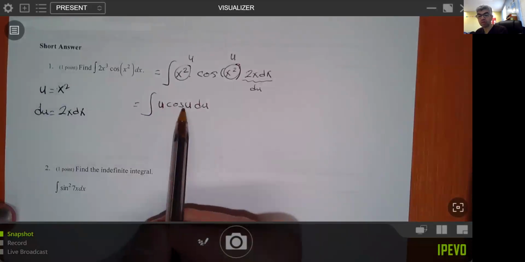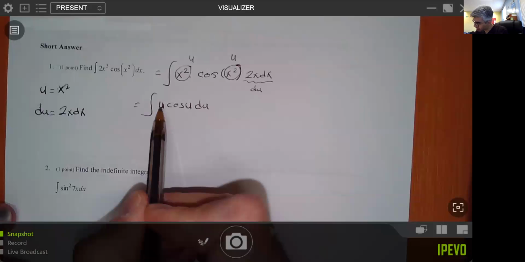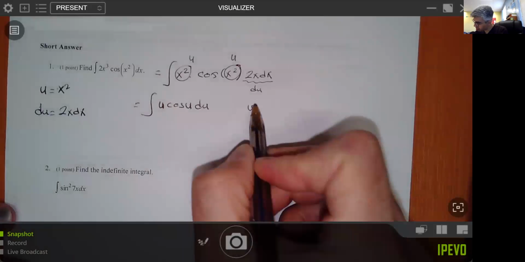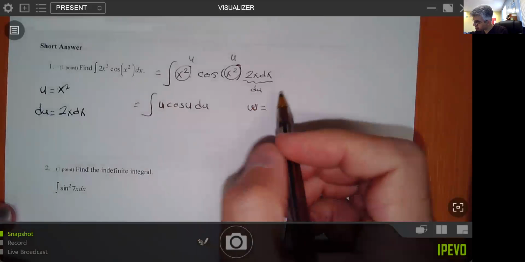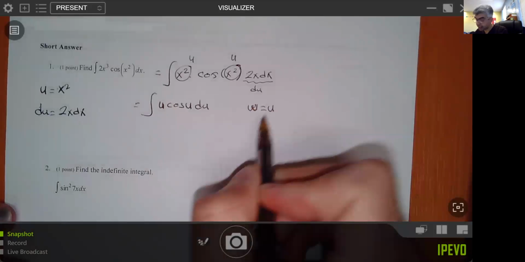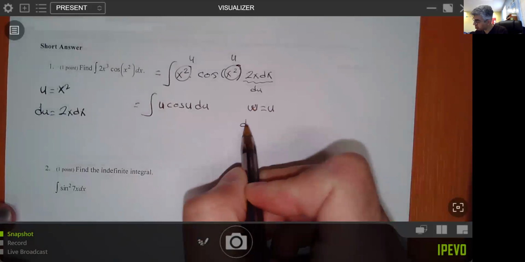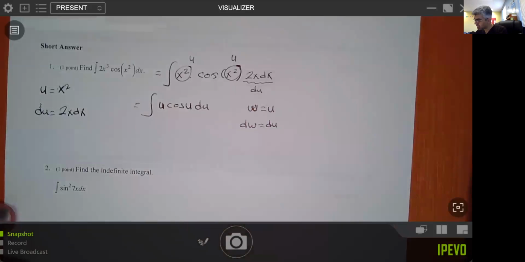I have to apply integration by parts, okay? So integral of u dv. But here, since I already have u, I choose, let's say, w. So w is u, a new variable. In this case, I will have dw is du, okay?